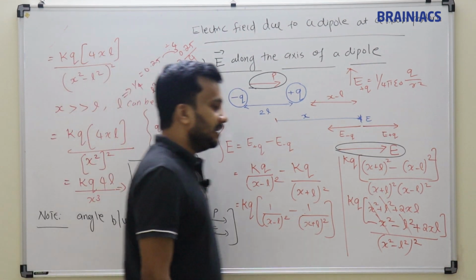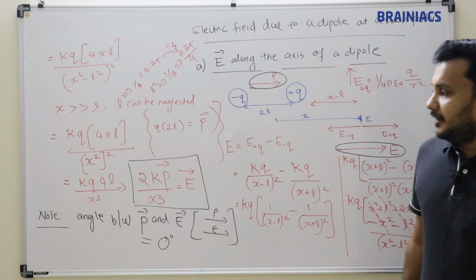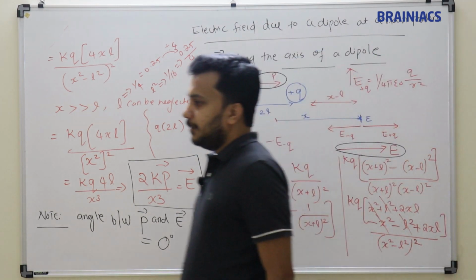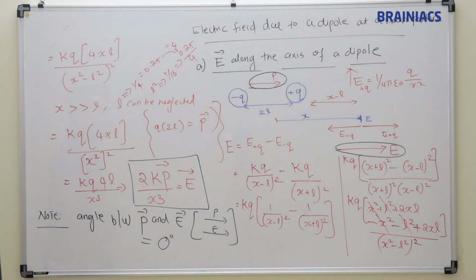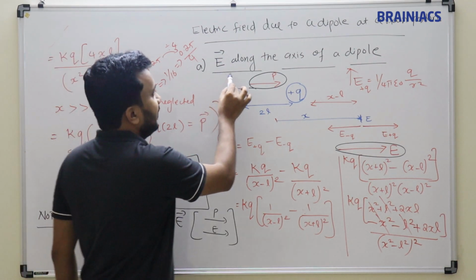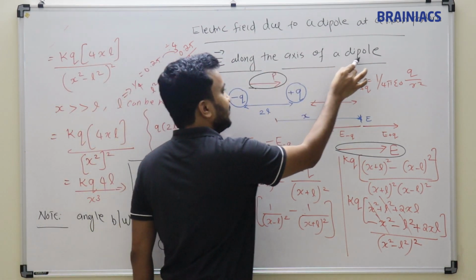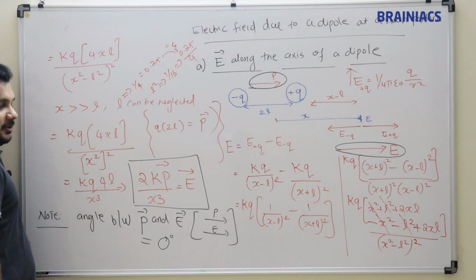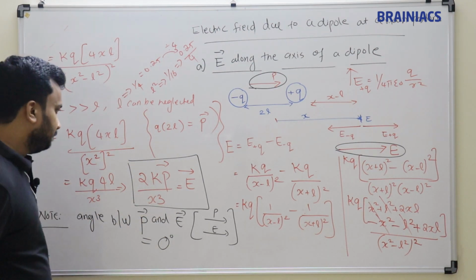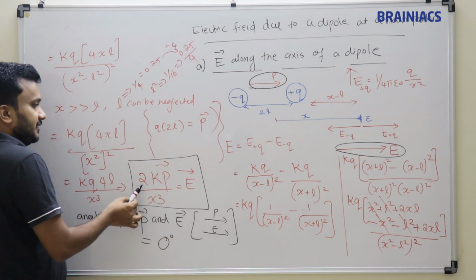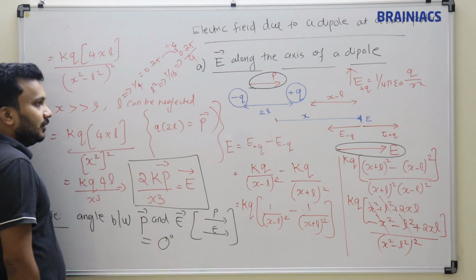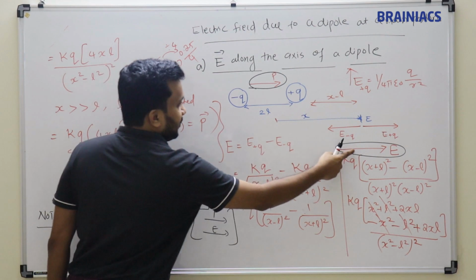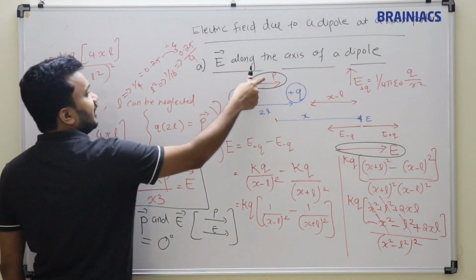Entrance question: what is the angle between the electric field intensity and the dipole moment when we are calculating the electric field intensity along the axis of a dipole? This equation is important, this note is important. Two points are important. For the electric field intensity along the axis of a dipole, the final electric field direction is the same as the direction of the electric dipole moment.